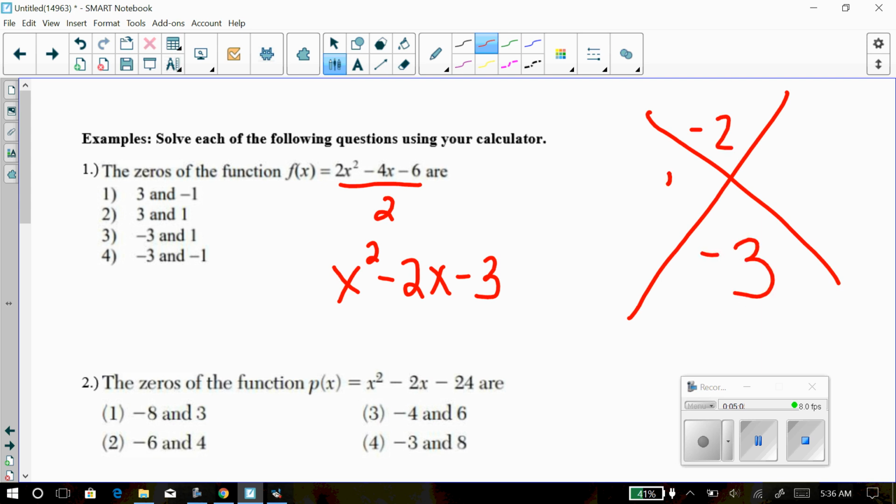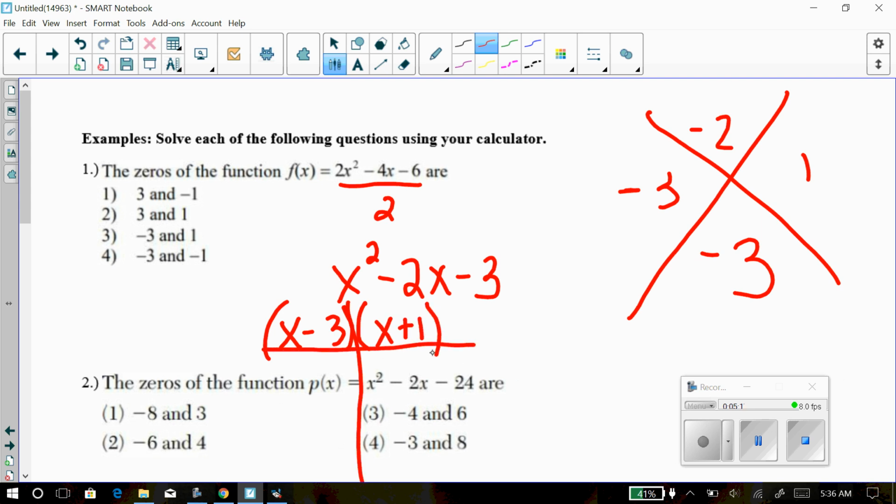Easy. 3, 1, make that -3. So you get x minus 3 and x plus 1. Set them both equal to 0. And solve. So here I get x equals +3. Here I get x equals -1.